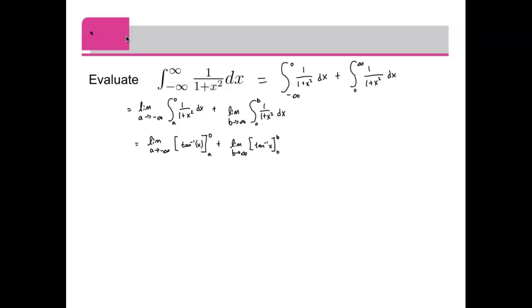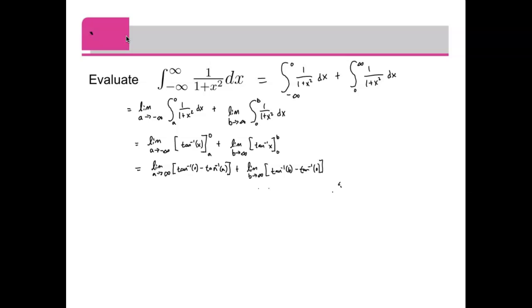Okay, keep it up. The limit as a approaches negative infinity of inverse tan of 0 minus inverse tan of a, plus the limit as b goes to infinity of inverse tan of b minus inverse tan of 0.